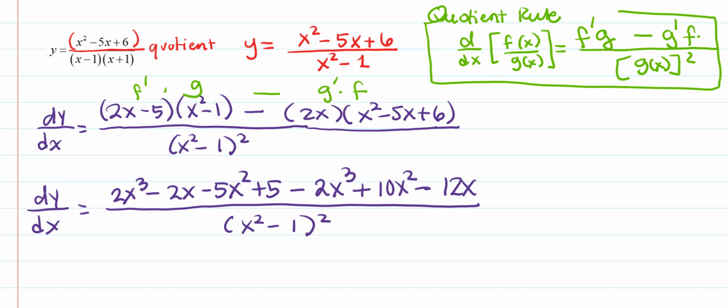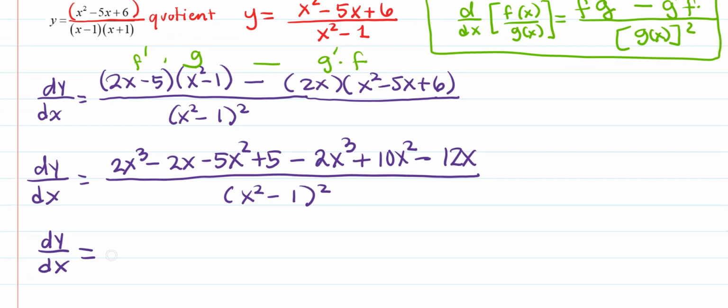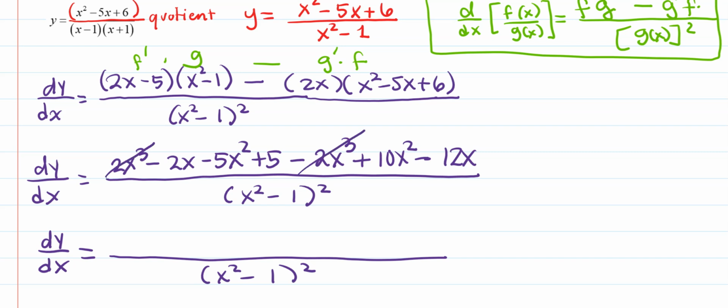Then we get to clean up one more time. So that would be equal to dy/dx is equal to, the denominator is still x squared minus 1 squared. In the numerator, oh how nice, 2x to the third and negative 2x to the third cancel.